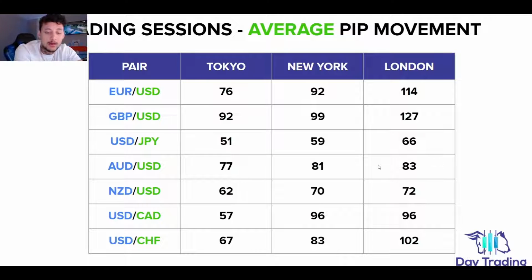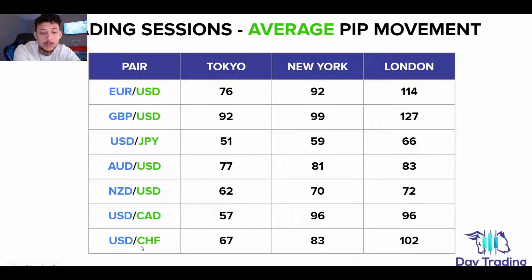Now, this doesn't mean that you're going to have this type of movement every single day, but this is on average when the market conditions are actually trending. Now, if we check out NZD/USD, we see that it moves on average 62 pips during Tokyo. New York moves on average 70 pips, and London moves on average 72 pips. Now, if we look at USD/CAD, on average for the Tokyo session, it moves 57 pips. New York 96 pips, and London normally 96 pips.